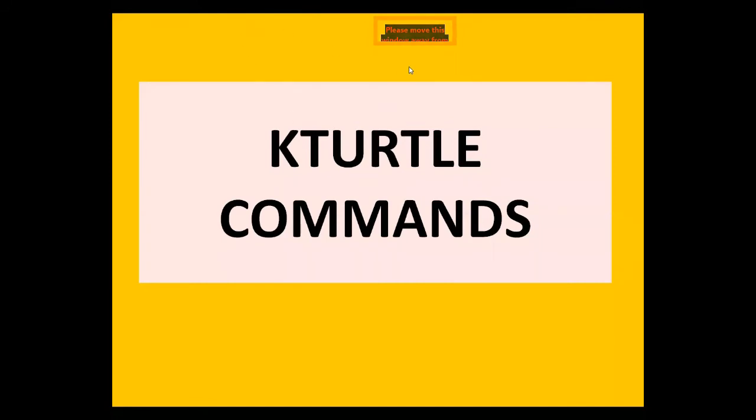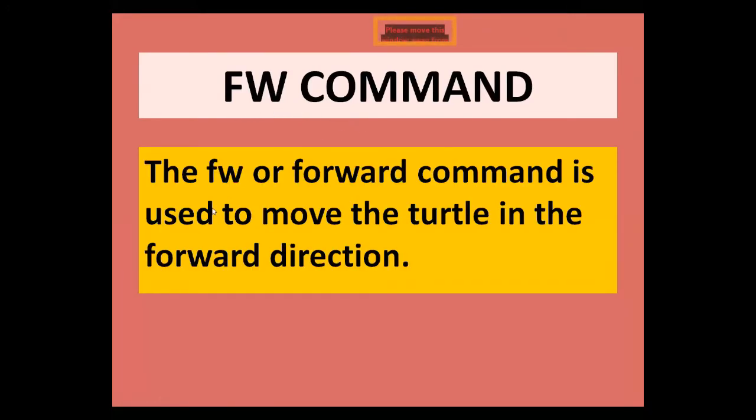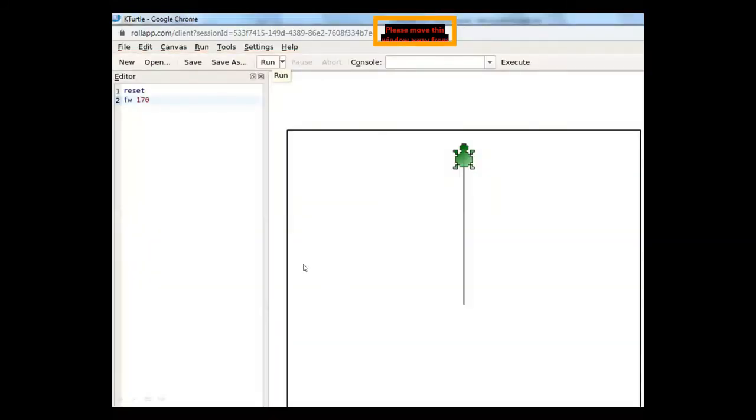Now we are going to learn about the KTurtle commands. So the first command is the FW command. The full form of the FW command is forward command. The FW or forward command is used to move the turtle in the forward direction. For example, if I write here FW 170, FW means forward.